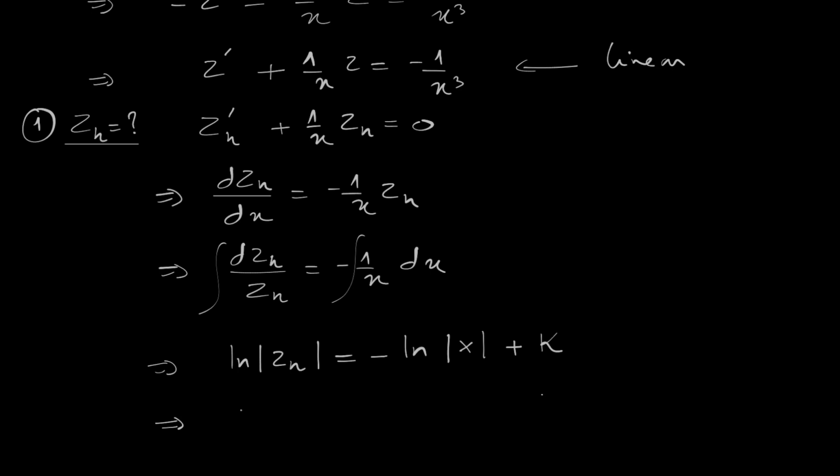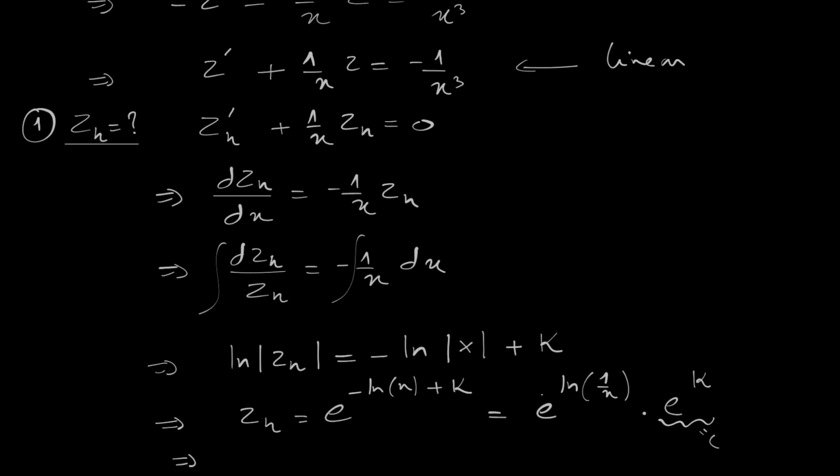Here we can use the exponential function to remove the logarithm, which gives the exponential of the logarithm of 1 over x times the exponential of k. We put this equal to c, and finally we write the homogeneous solution in this form, c over x, because this is equal to 1 over x.